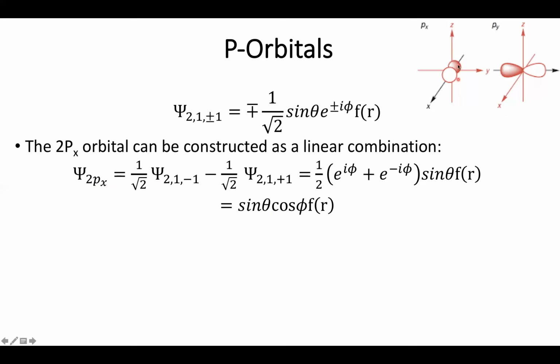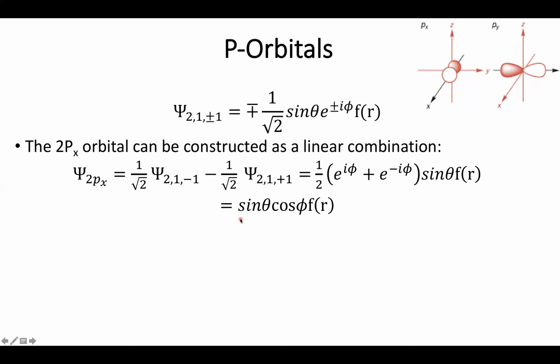Sine theta means that I'm localized around the xy plane, and a cosine phi means that I'm localized when phi is 0 or pi, with a positive value when it's 0, pointing in the x-axis direction, and a negative value when it's pi, pointed in the negative x direction.